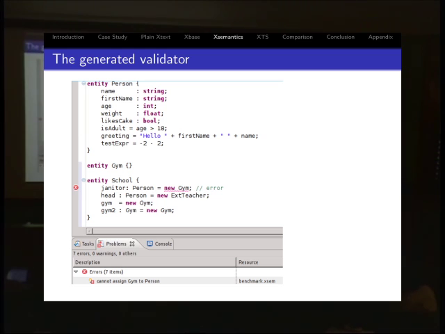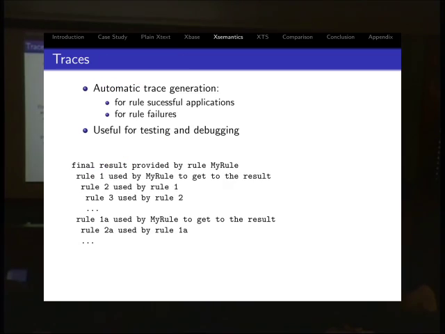So if you want to generate a different error marker, you can still do it. Also because when the rules are applied, automatically the trace of the applied rule is stored. So you always have access to the trace of the applied rules. This can be useful for generating error markers, but also for testing and for debugging. This is a feature which also the XTS framework I'm presenting in a minute has.